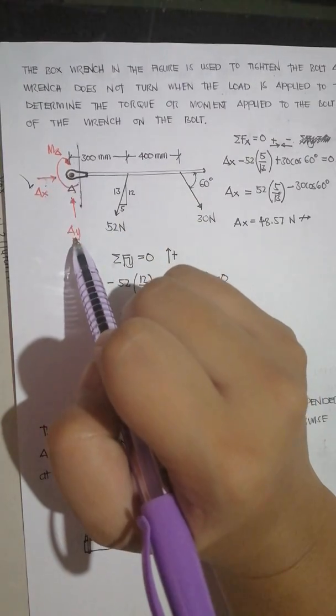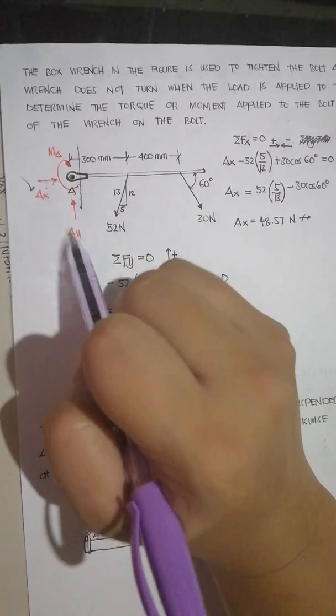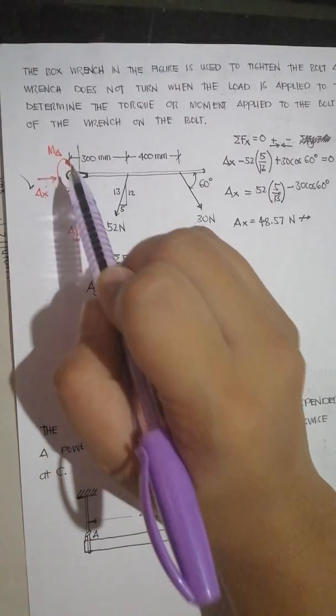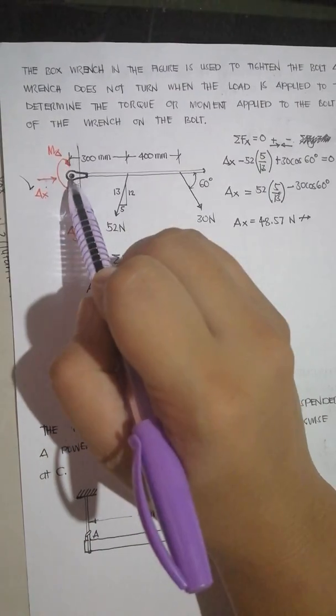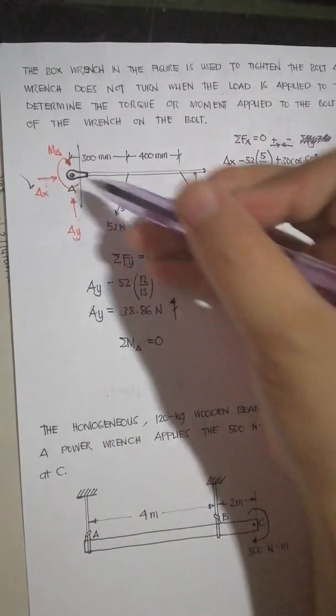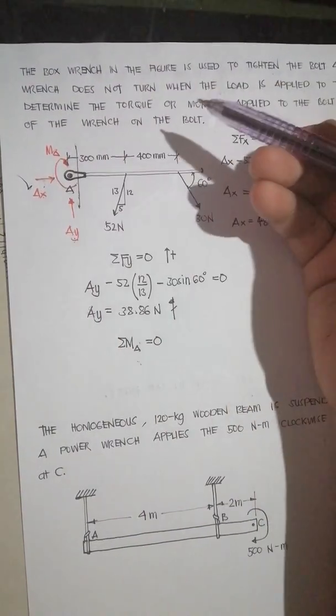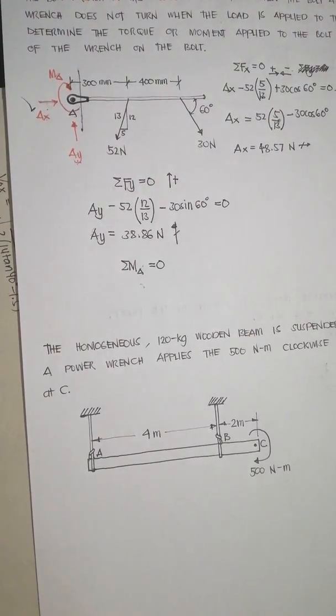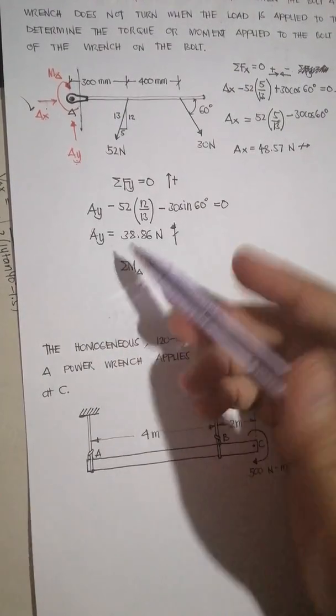So already two of the forces will be eliminated from the equation. But even if the moment MA is acting at A, it will still be part of this equation because a moment is not a force. A moment is a moment, and it is always involved in summing up of moments.